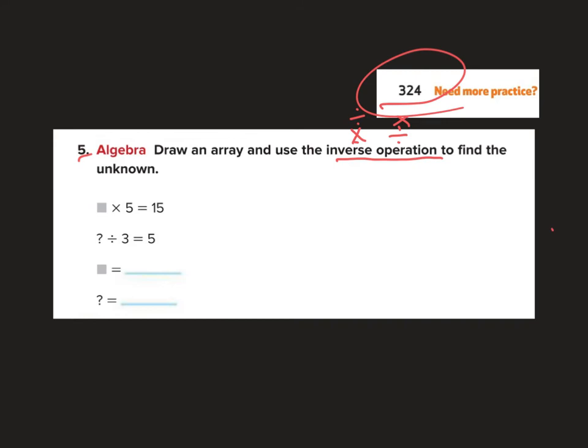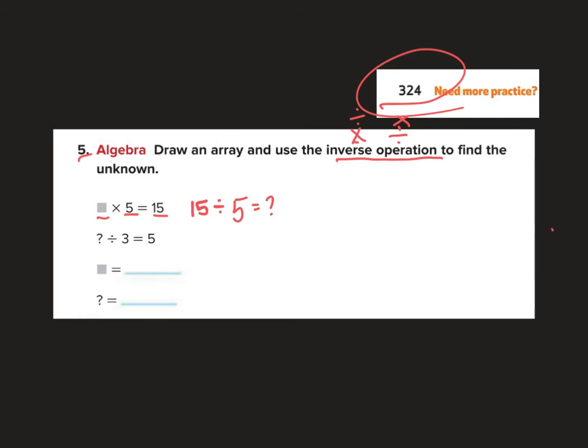So here we're saying some groups of 5 equal 15. So if I'm going to think of the inverse operation, I could say 15 divided by 5 equals what?